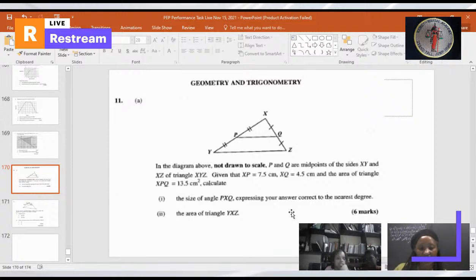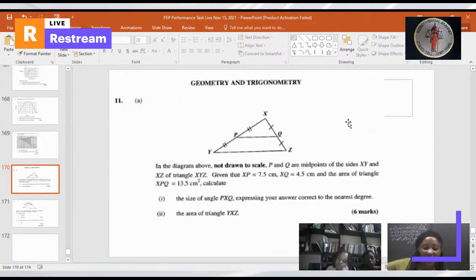What are the lengths that we know? Miss, we know XP and XQ. Right. As a matter of fact, since they tell us the area of the smaller triangle, focus on the smaller triangle, PXQ.